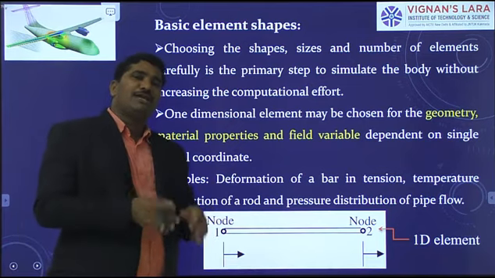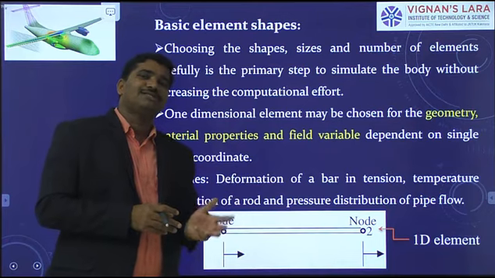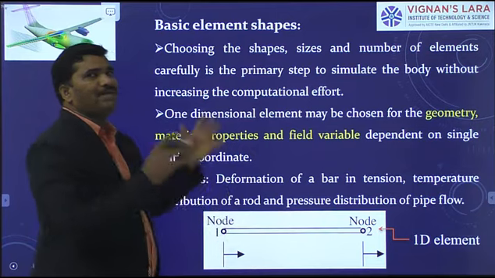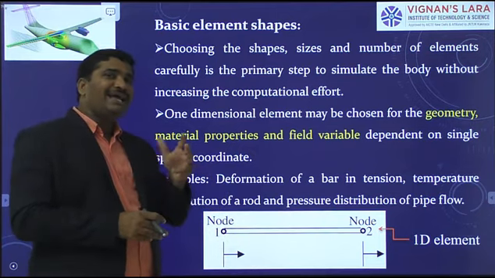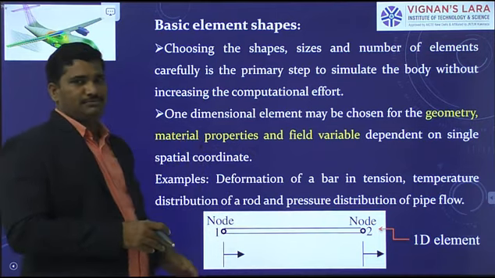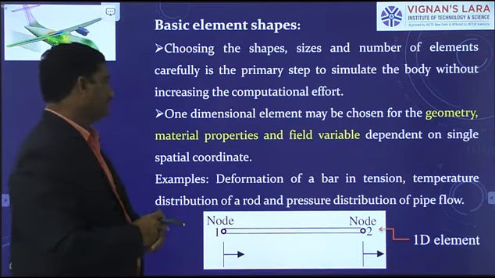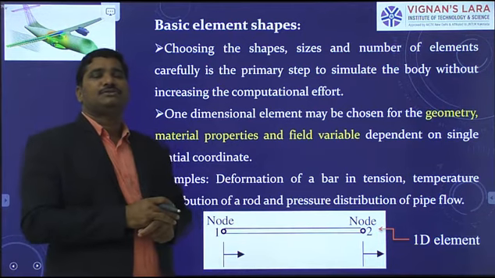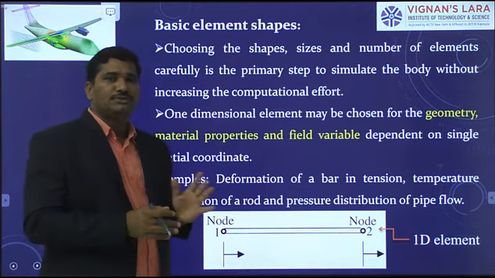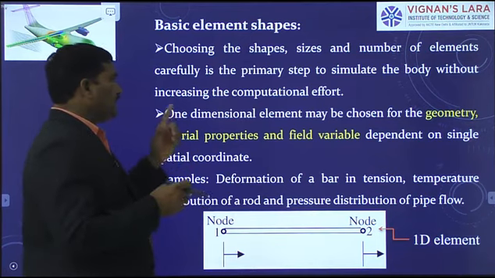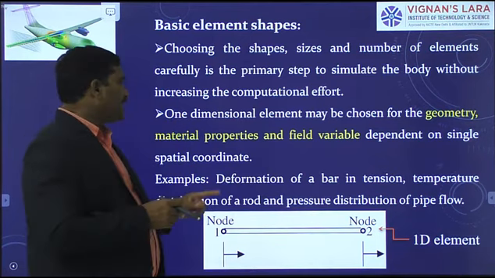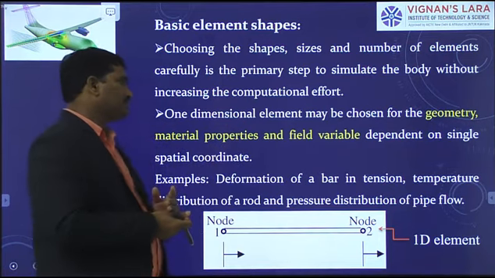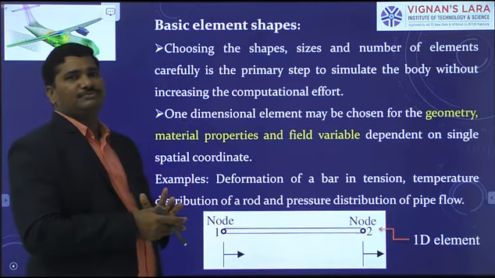So domains will appear with 3 dimensions, 2 dimensions and 1 dimension. Firstly, we shall see one-dimensional elements for idealization of a one-dimensional domain. So when do you consider the one-dimensional elements? When the geometry, material properties and field variables are completely dependent on a single variable.